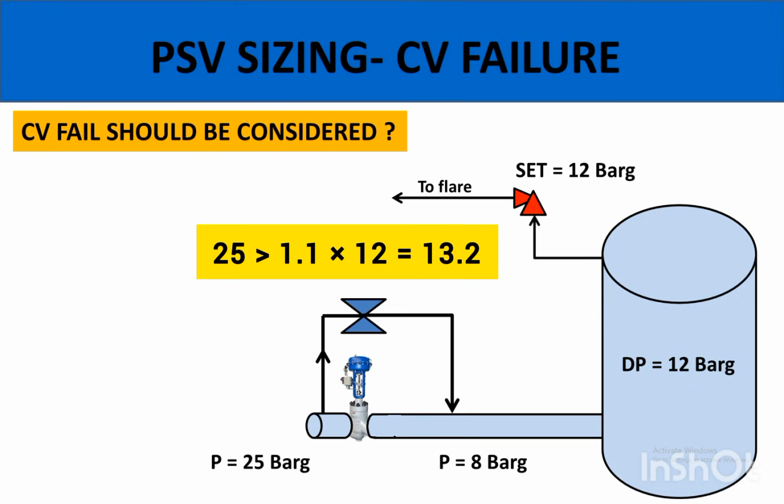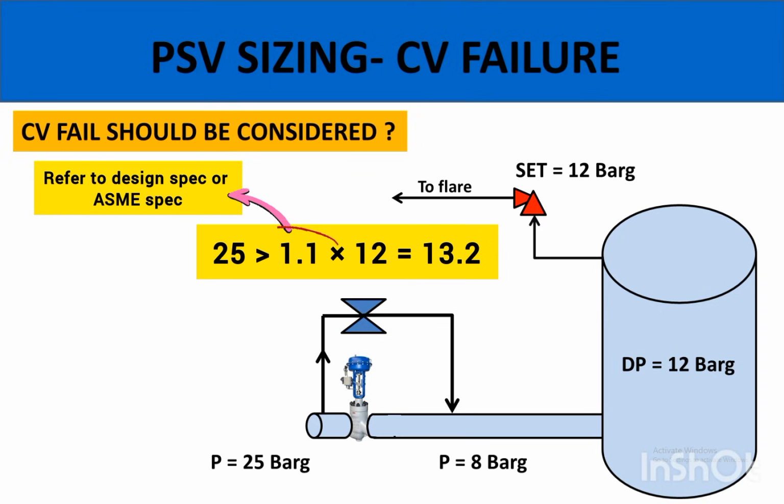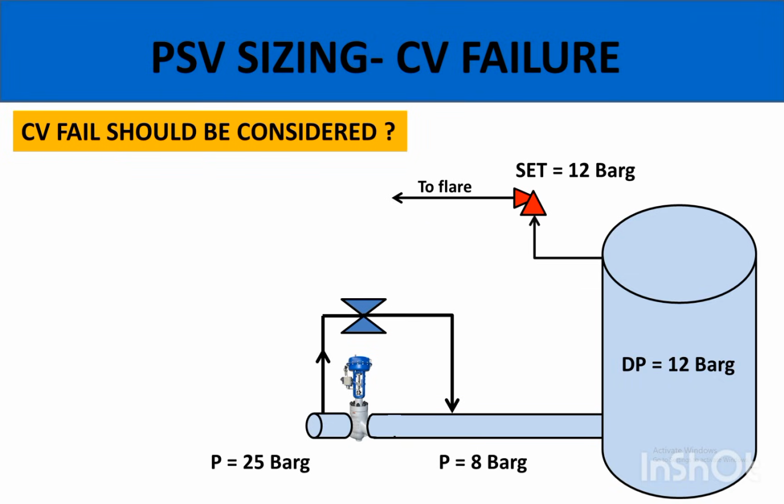You might be wondering, where does this parameter 1.1 come from? You should refer to your design code, whether it's API or ASME, or whatever your design specification is. It may have another factor, and you should consider that value.